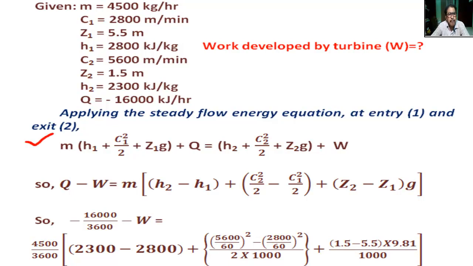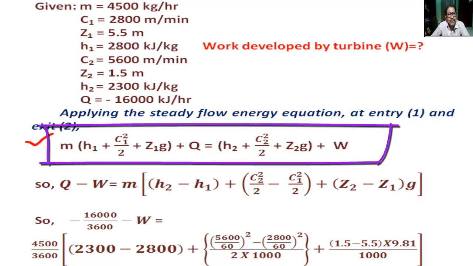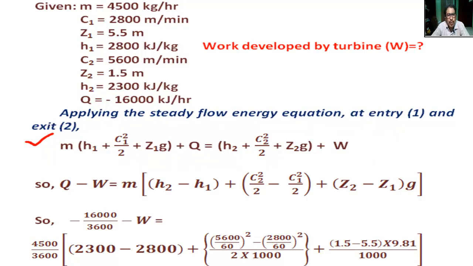General equation is M times (H1 plus C1 square by 2 plus Z1 G) plus Q equal to (H2 plus C2 square by 2 plus Z2 into G) plus W. This is the general equation.